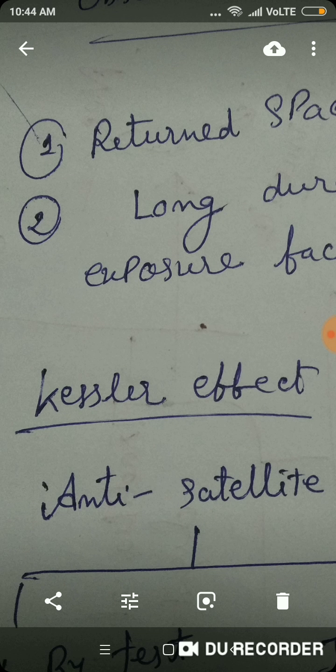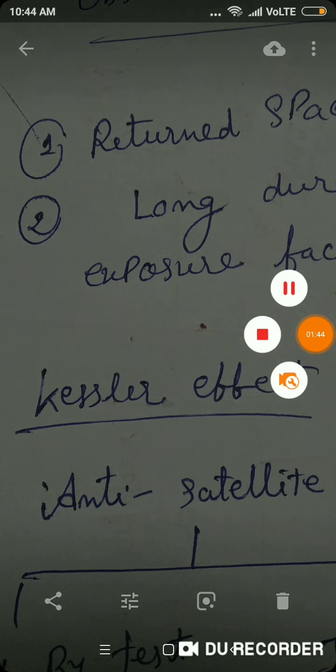Each country is putting new satellites into space, and one day it might create many more collisions between satellites. This will affect the asteroid belt of Earth, and it will also hamper spacecraft and recent experiments in space. That is why it is called the Kessler effect.